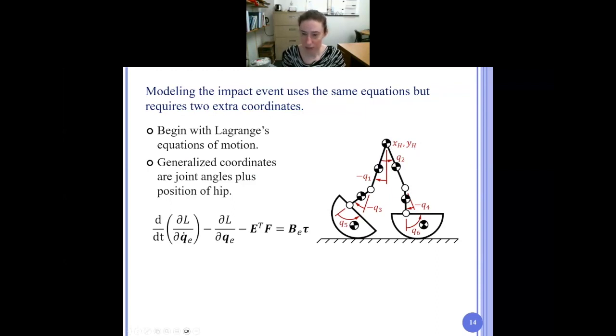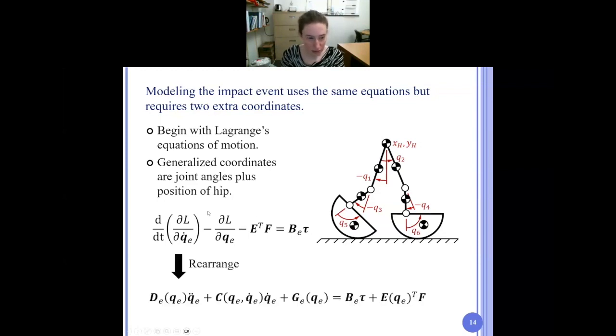Because we have these extra 2 coordinates, that means we also have Lagrange multipliers in our equation of motion, and they are shown right here in this equation. If we expand this general form of Lagrange's equations of motion into the more standard rigid body robotics form, we get this. Again, F is the Lagrange multipliers, and E is the constraint Jacobian.